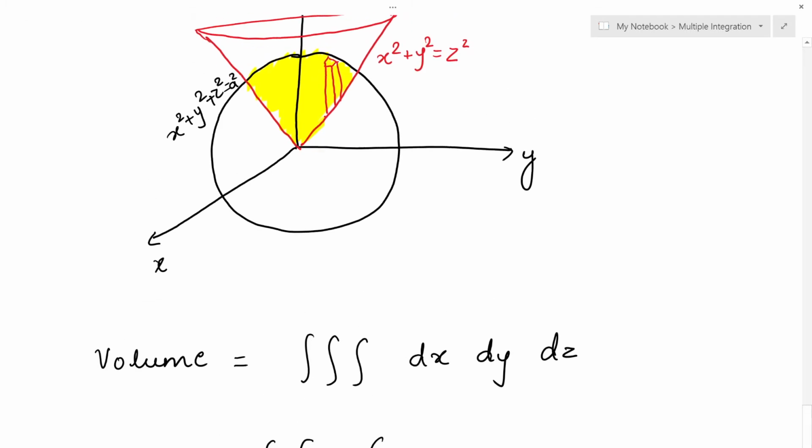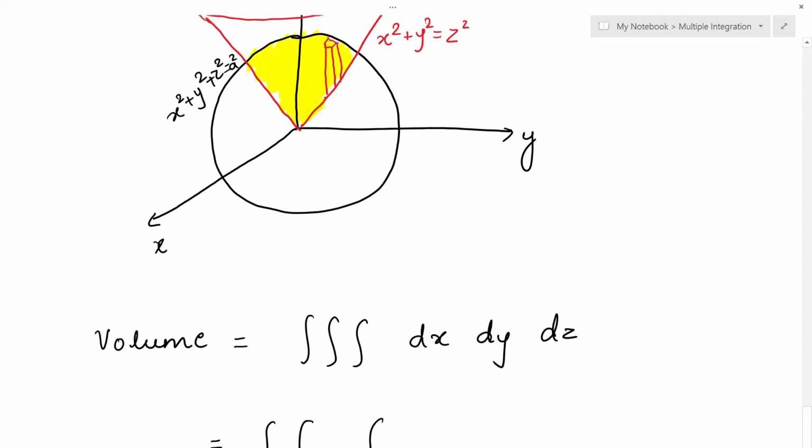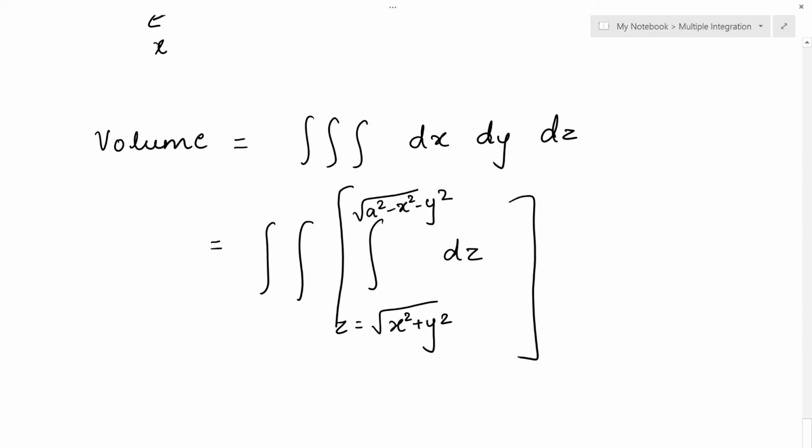You know that down it touches the cone. So limits of z, that will be under root of x square plus y square. And here the limit of z will be under root of a square minus x square minus y square, dz.